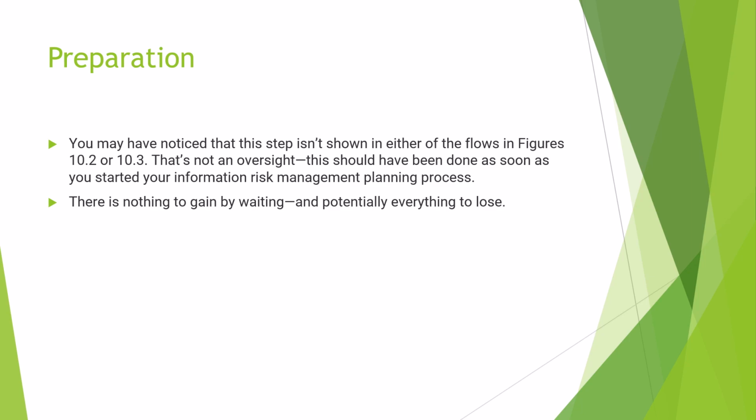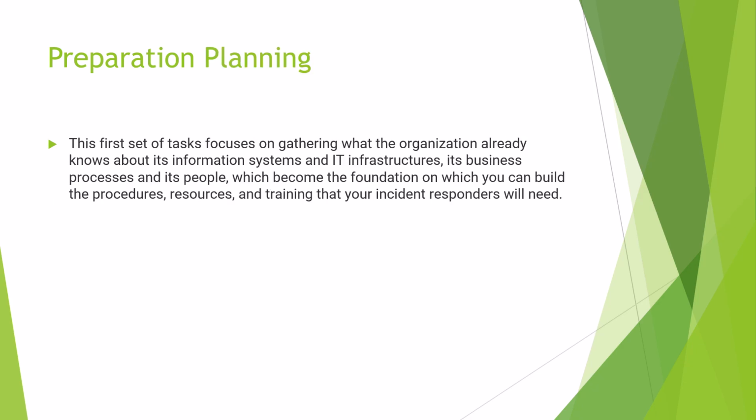So the NIST SP 800-61 provides an excellent shopping list for key preparation and planning tasks that you can put on your plan-to-do checklist. So let's talk about the preparation planning checklist. The first set of tasks focus on gathering what the organization already knows about its assets, its inventory, its information systems, infrastructure, business processes, key personnel, foundation, missions, objectives, all of that.